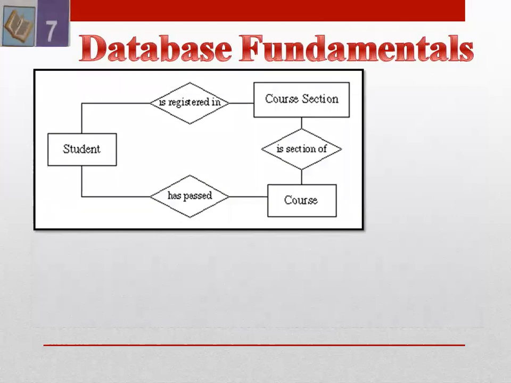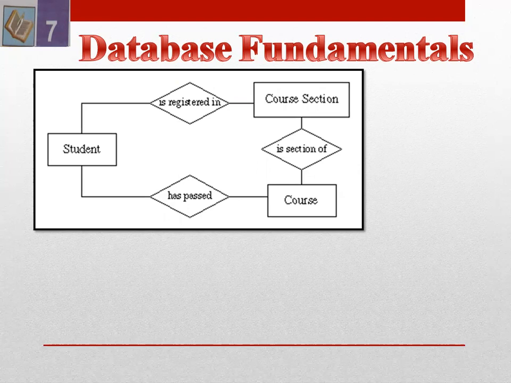So here on your screen you can view one more diagram of student management system. In the student management system, here we have three entities: student, course section, and course. Student is registered in course section. The relationship between student is registered in course section, and course is one more entity.